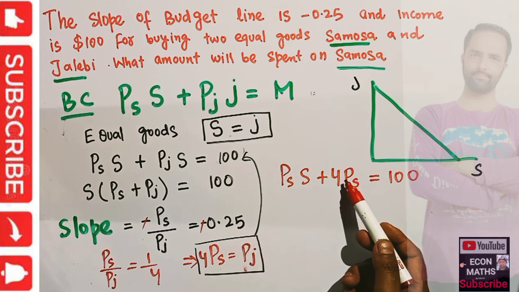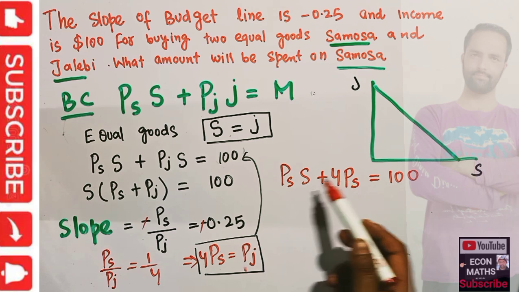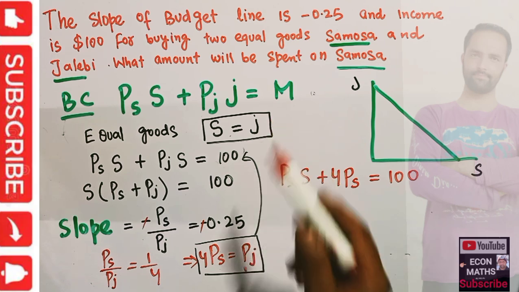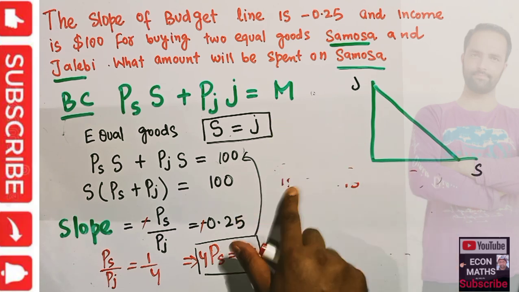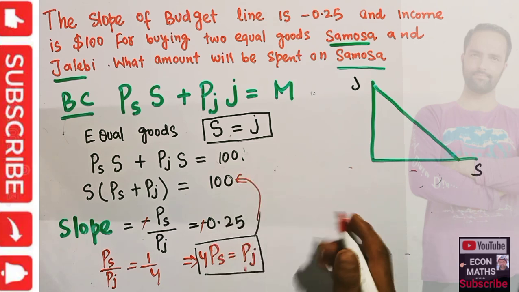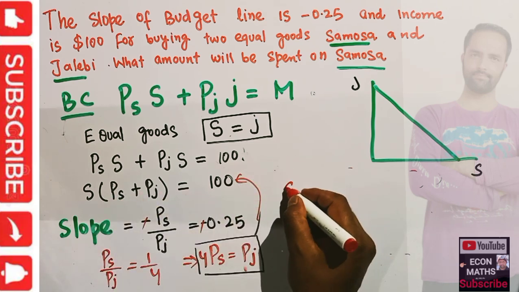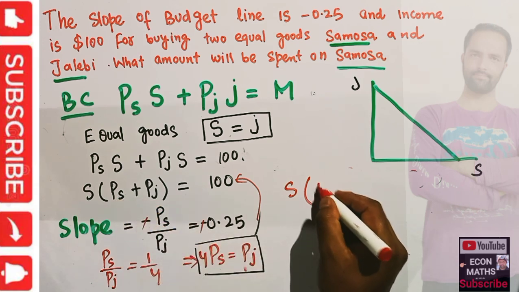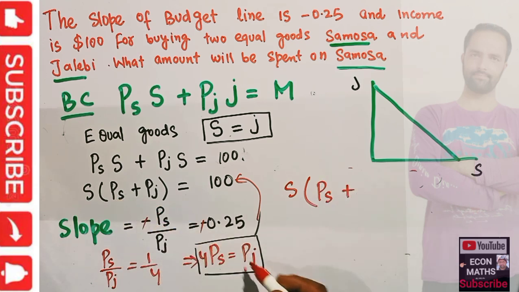Okay, and we know that S is equal to J. So let me put the value in this equation. Okay, so for the sake of simplicity, we have S times price of S plus PJ, we know it is equal to 4 times PS.